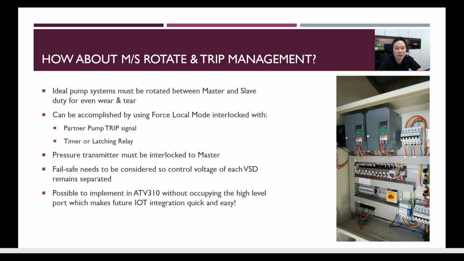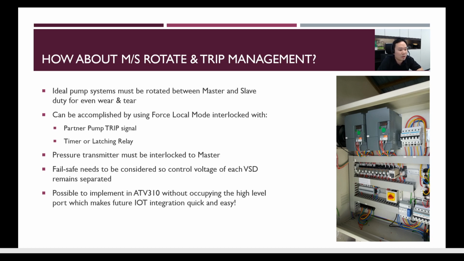So in ATV310, we have a local mode, which we can use to interlock with your partner pump trip signal and/or a timer latching relay. It means that if, let's say, pump A is master and pump B is slave, pump B needs to interlock with pump A in terms of its trip signal, as well as an external timer or a latching relay.